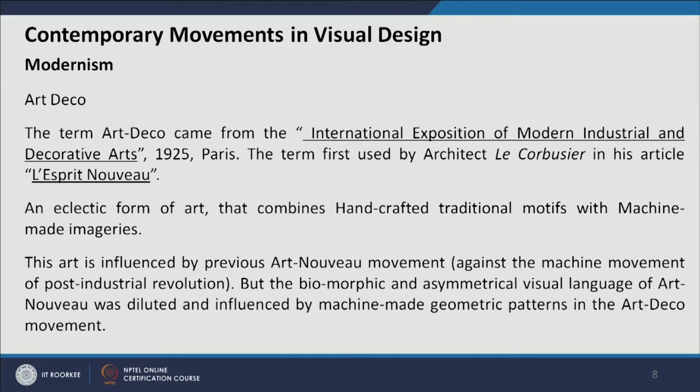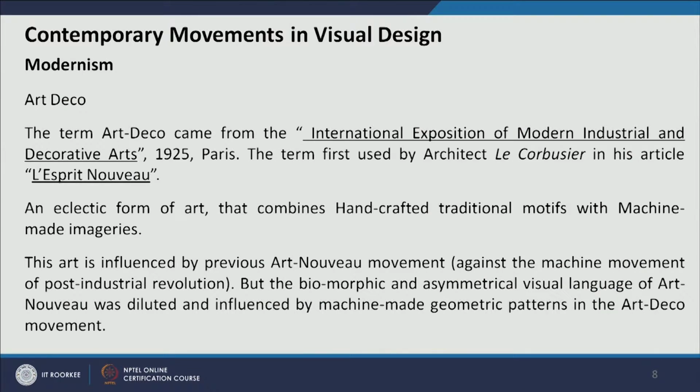and they use gradient shades, gradient textures, but more in a digital way. They have the aesthetics and the look of a digitally generated image. We will see some examples. This is an eclectic form of art that combines handcrafted traditional motifs with machine-made visual style.